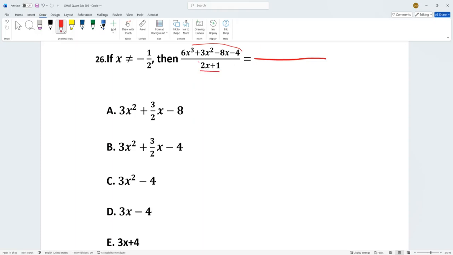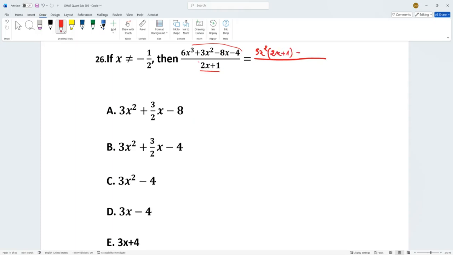One way to do that is to put 3x to the power 2 as a factor. So we will say 3x to the power 2 factor of 2x plus 1.